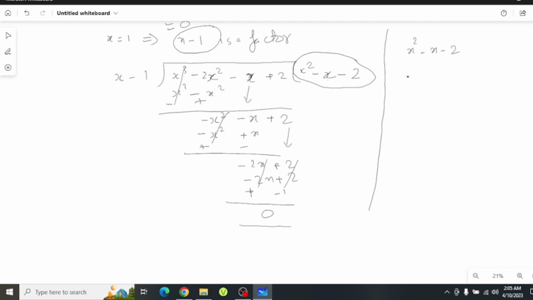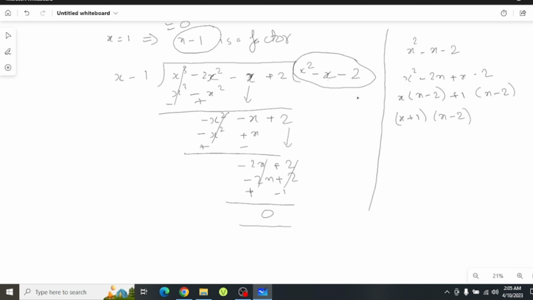Okay, so we can write it as x square minus 2x plus x minus 2. Then we will take the commons out, x minus 2 plus 1, x minus 2. So it will become x plus 1 and x minus 2.